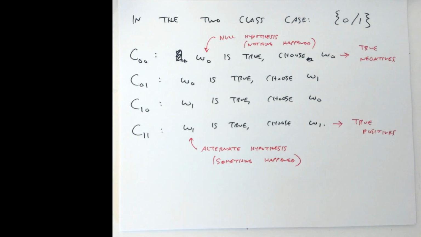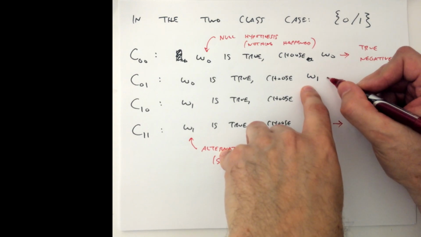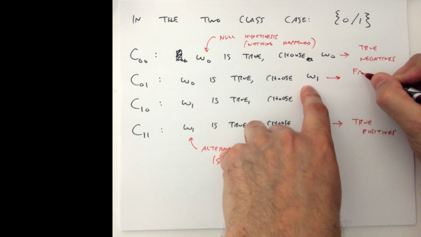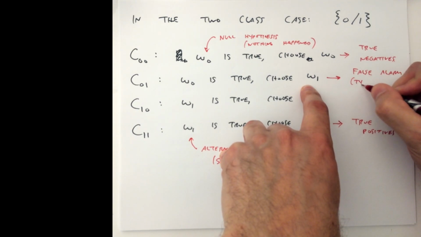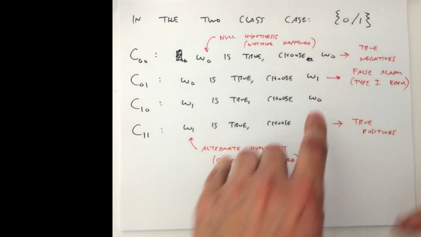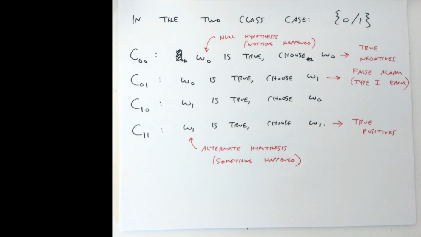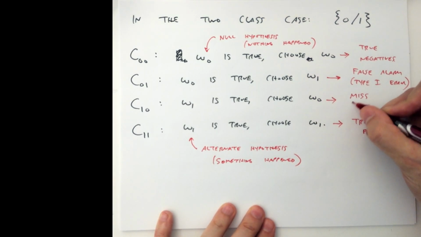This is like saying nothing actually happened, but I said it did. This is what's called a false alarm, or a type 1 error. This is the guy at the TSA line patting you down. You're innocent, but it's a false alarm, so we have to clear this false alarm. This one is called a miss, or a type 2 error.